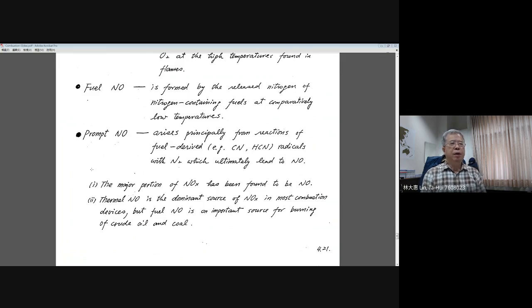And thermal NO is the dominant source of NOx in most combustion devices because we always have a high temperature region, and usually you use air as the oxidizer, so you can have a big contribution from thermal NO to the overall NO formation. But fuel NO is an important source for burning of crude oil and coal, okay? For natural gas, usually you don't need to consider fuel NO.